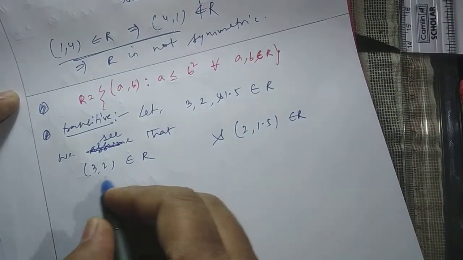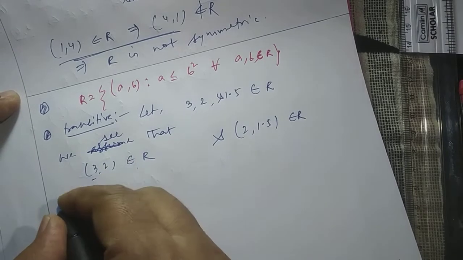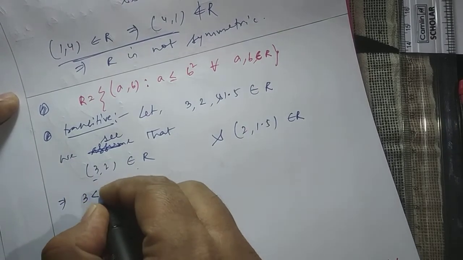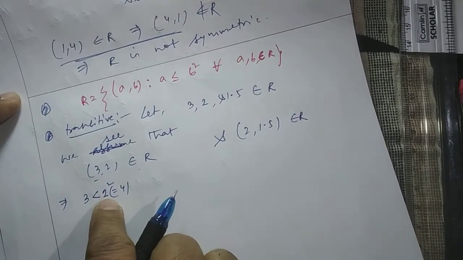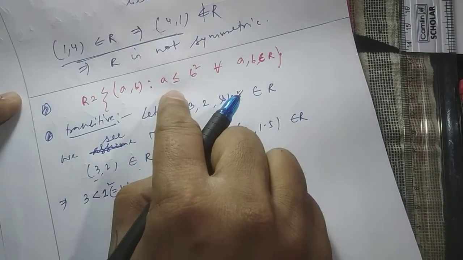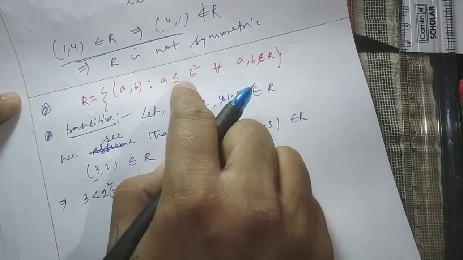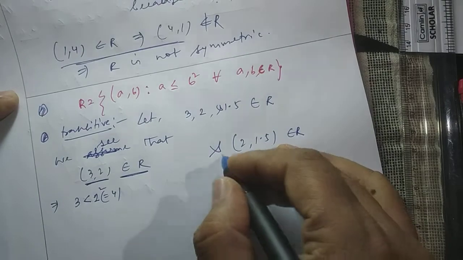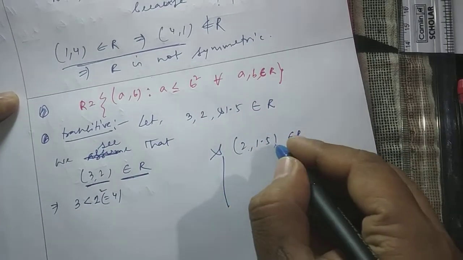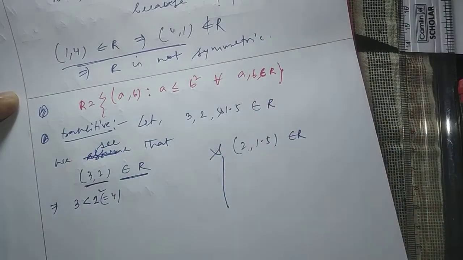Why can we say directly 3, 2 belongs to R? Because 3 is less than 2 square, which is 4. It is satisfying the given definition. So you can say 3, 2 belongs to R. Similarly, why does 2, 1.5 belong to R?